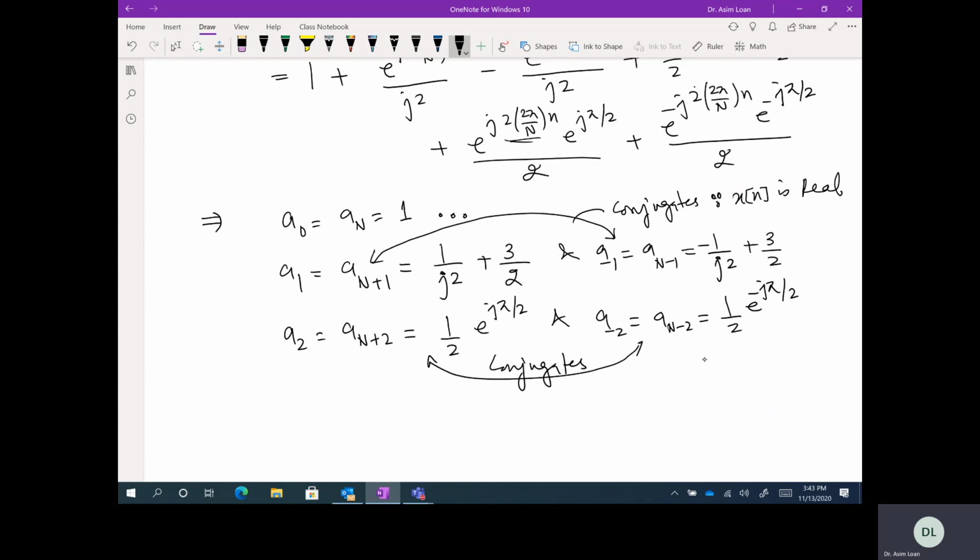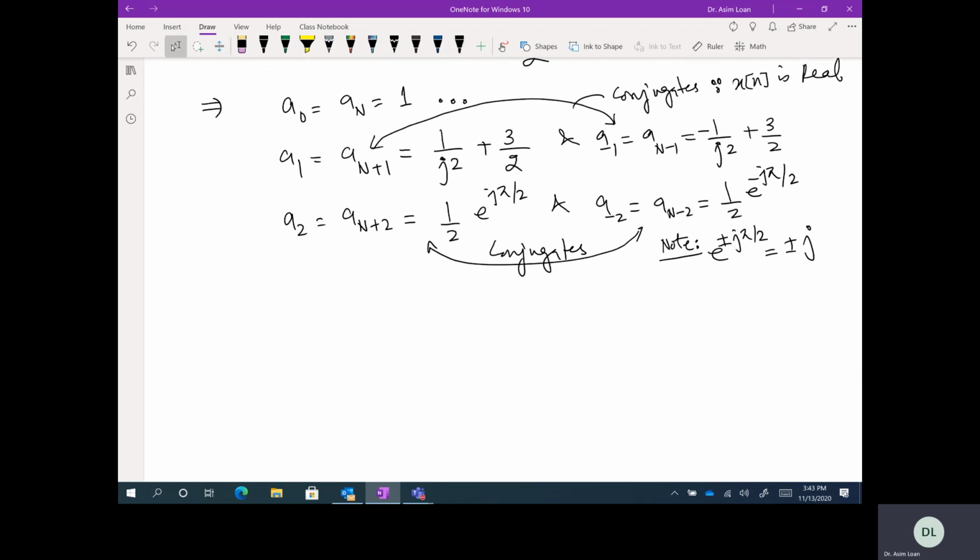And e^{±j pi by 2} is simply ±j. You can always plot the magnitude spectrum and the phase spectrum, and you'll see that the magnitude spectrum is even and the phase spectrum is odd.